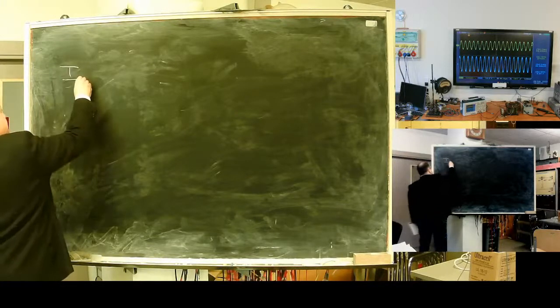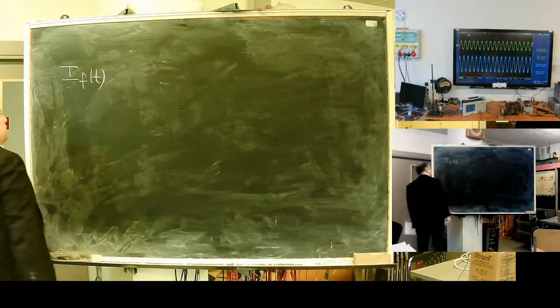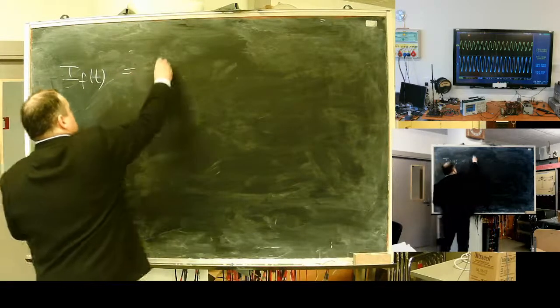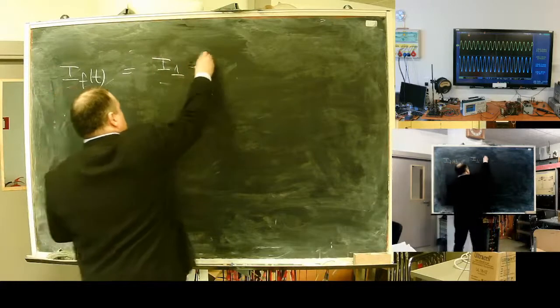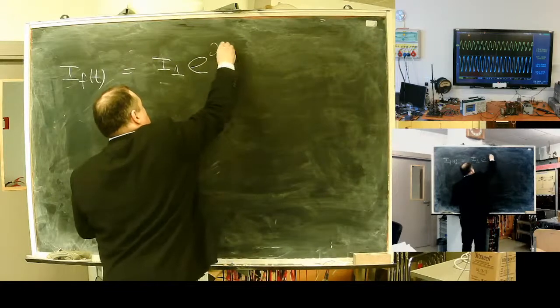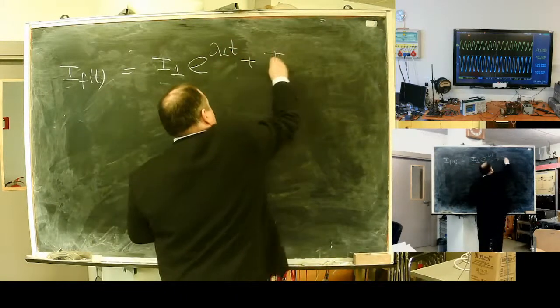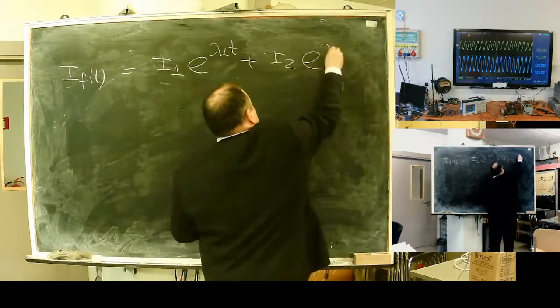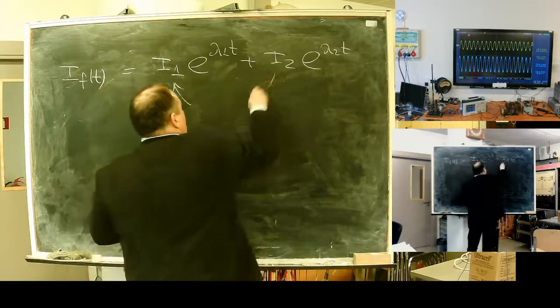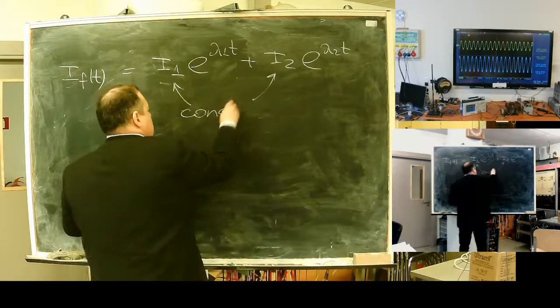Important moment. We have an equation. This equation is already solved. The free component can be found as I1 e to the power lambda 1 t plus I2 e to the power lambda 2 t. These are constants.